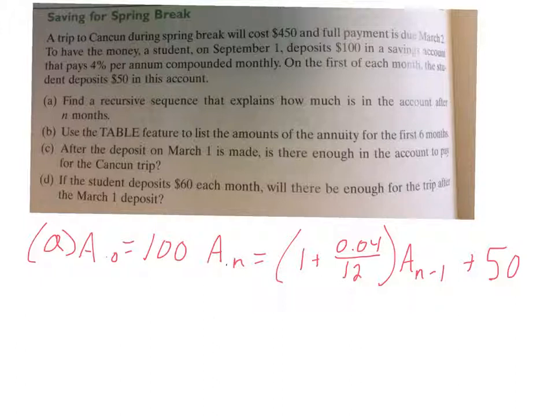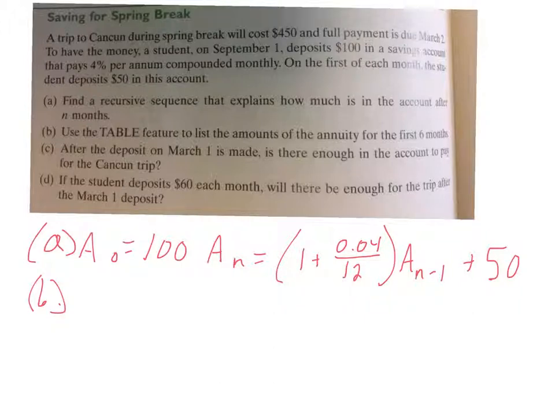The second part says to use the table feature to list the amounts of the annuity for the first 6 months. So what we can do is plug this whole thing into our sequence program. Let's go ahead and do that.